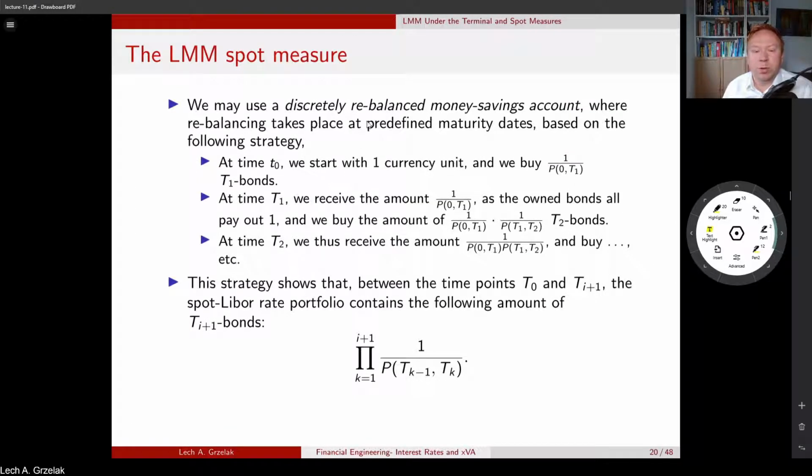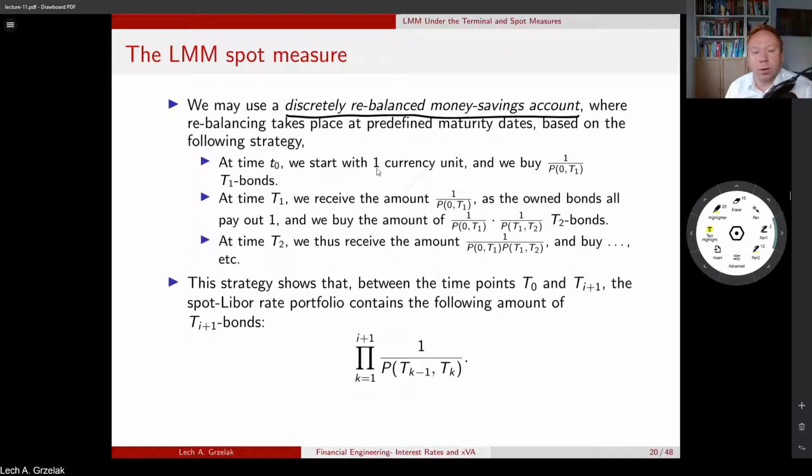So the strategy first is to take a look at the discretely rebalanced money savings account. It is discrete because we have this tenor structure of T0, T1, and so on. The strategy is as follows. We first observe how the investment of €1 today will be accumulated, given the existing tenor structure of zero coupon bonds.